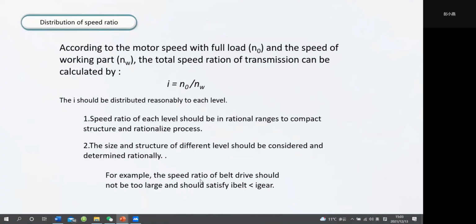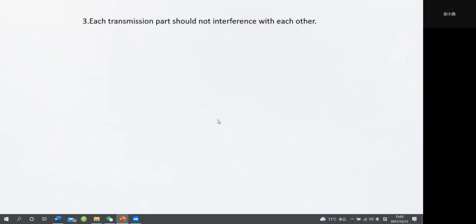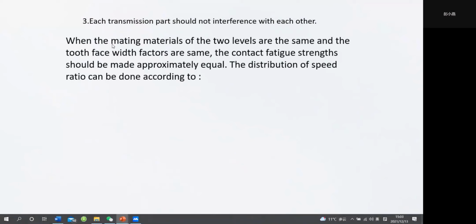For example, the speed ratio of the belt drive should not be too large and should satisfy that the speed ratio of the belt should be less than the speed ratio of the gear. Each transmission part should not interfere with each other. When the materials of two levels are the same and the two face width factors are the same, the contact strength should be made approximately equal.